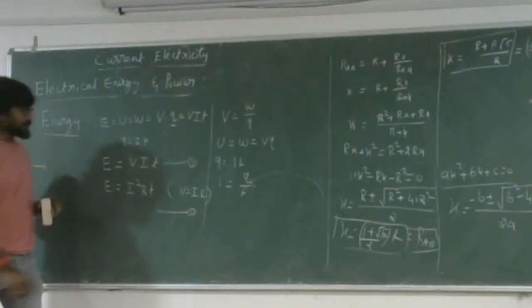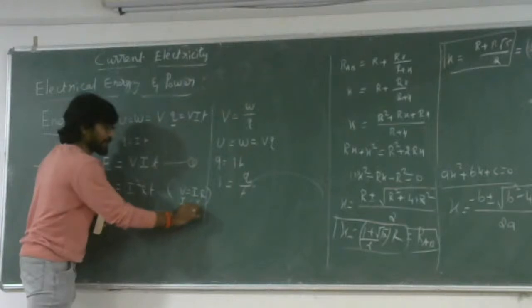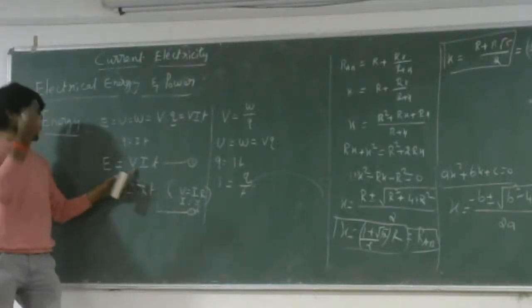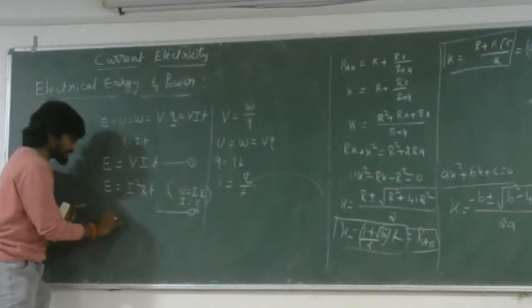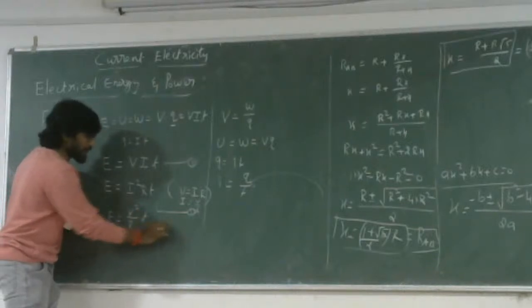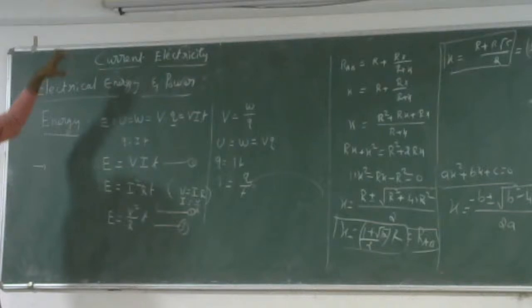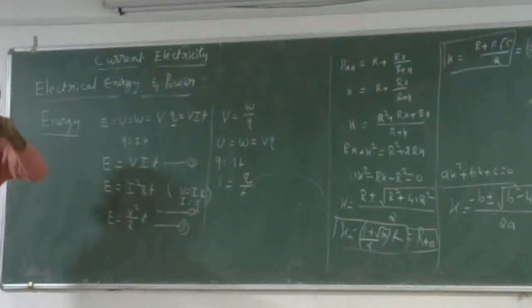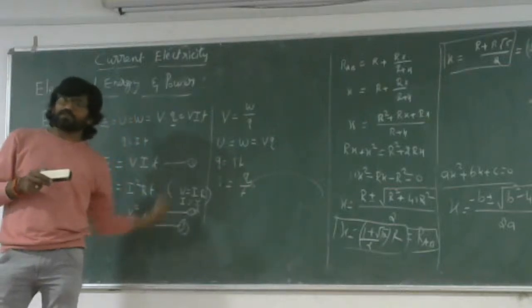Also from Ohm's law, because V is equal to I R, we can write I equal to V by R. In equation 1, instead of substituting for V, substitute for I as V by R, and we get E equal to V into V by R into T, that is V square by R into T. This is equation 3. These different equations can be used to calculate electrical energy in a circuit, depending on the data given in the question.